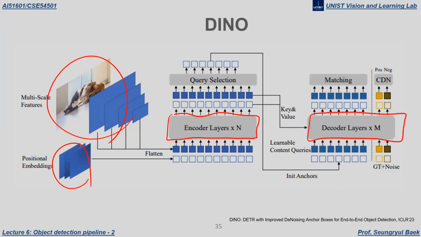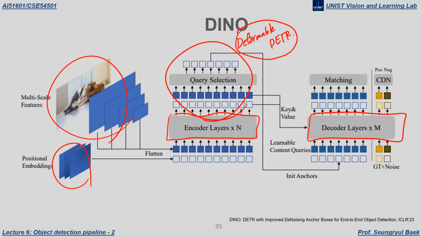And this is the decoder layer, similar to deformable DETR. It has the two-stage architecture like this. It first estimates object proposals and uses them as the spatial encoding of the object queries.